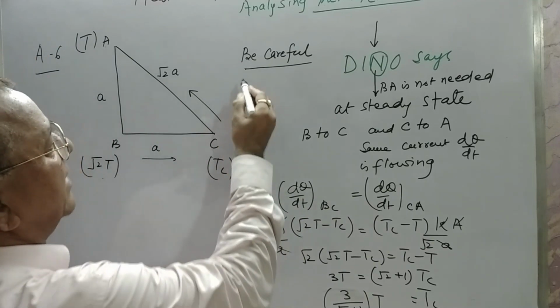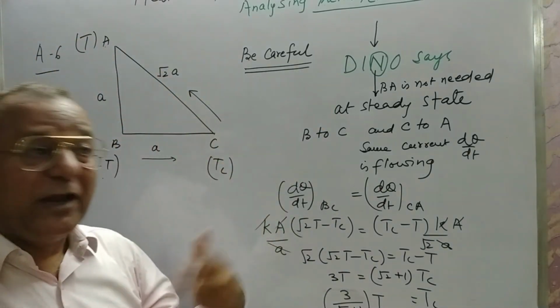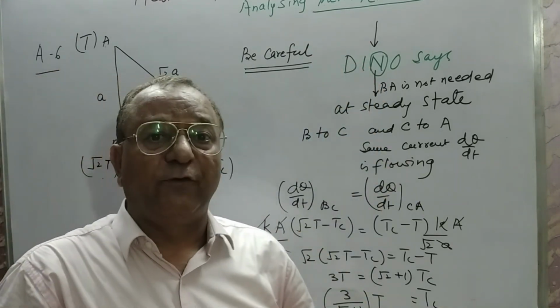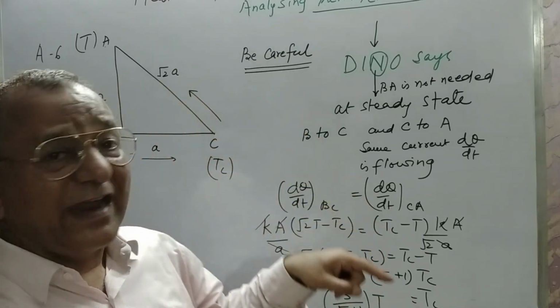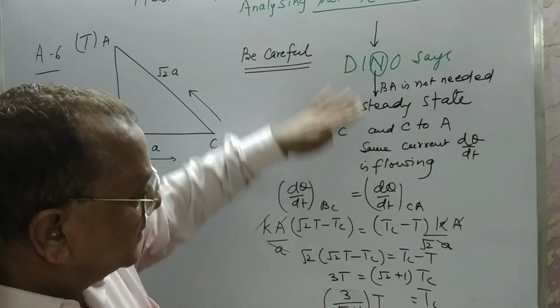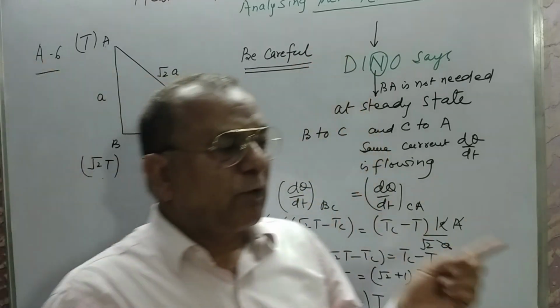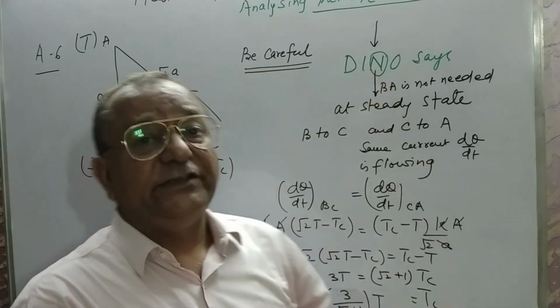What I am trying to emphasize is that all the information in a question may not be relevant. That is the D in DINO, not relevant. You have to be careful. Whatever is relevant is to be used, but there are certain facts which are not relevant. You have to reject them and do the question without them. Sometimes one quantity is varying directly, one quantity is varying inversely, and no change.